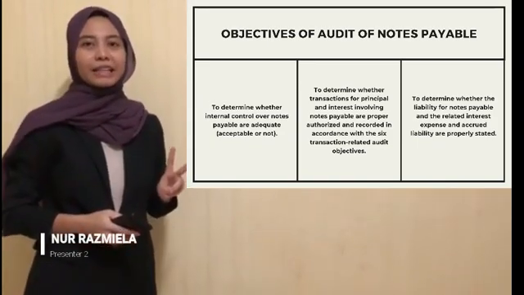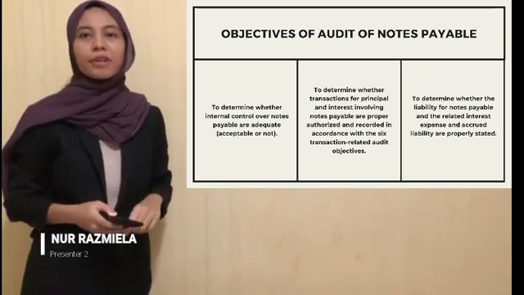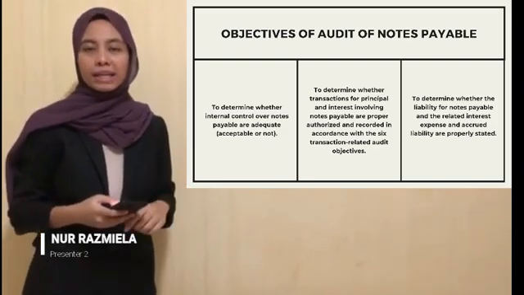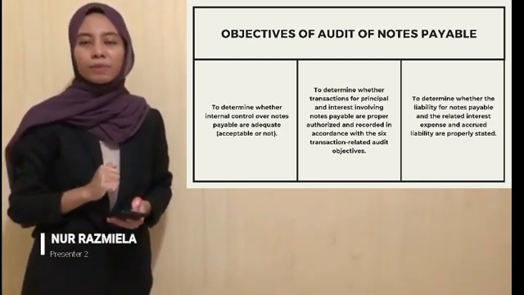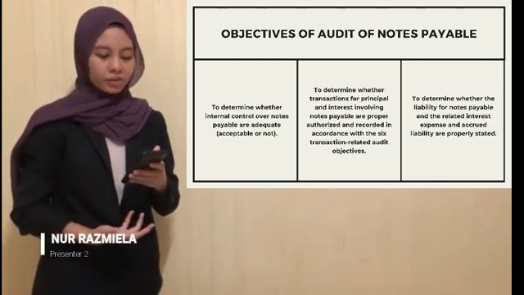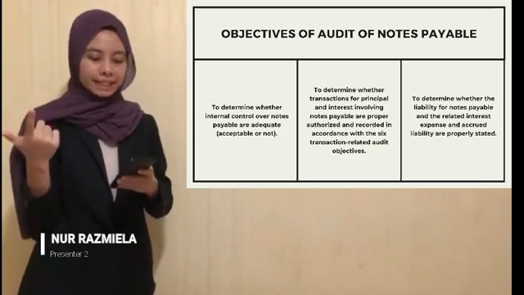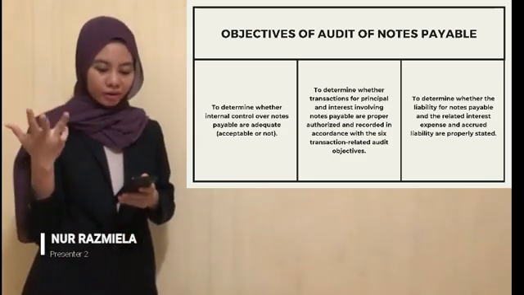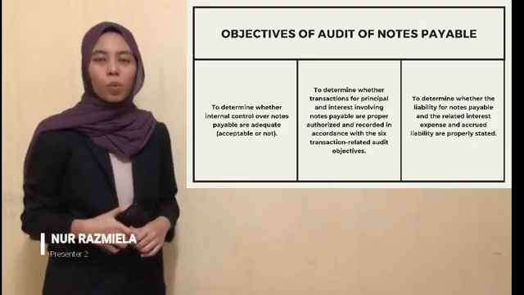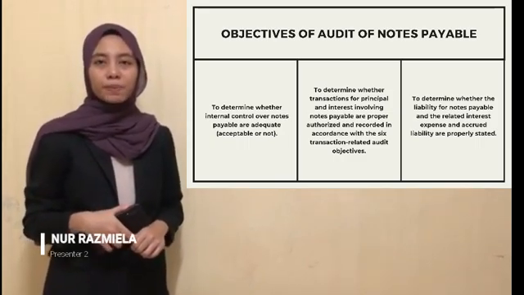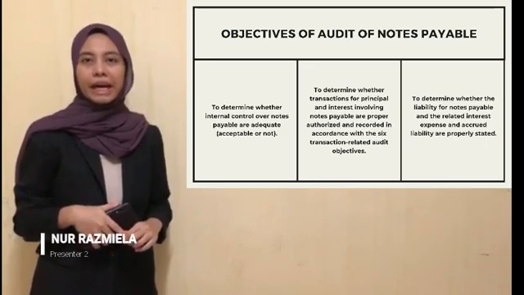The second objective is to determine whether the transactions for principal and interest involving notes payable are properly authorized and recorded in accordance with the six transaction-related audit objectives, which are occurrence, completeness, accuracy, posting and summarizing, classification, and timing. The last objective is to determine whether the liability for notes payable and related interest expense and accrued liability are properly stated.